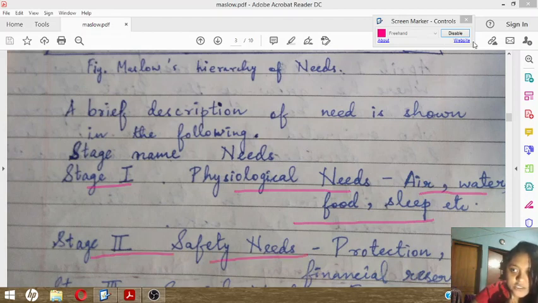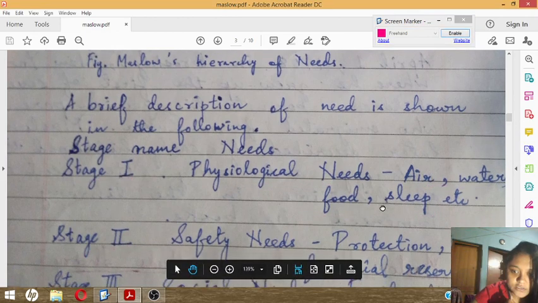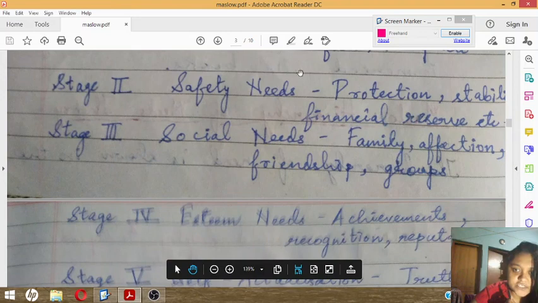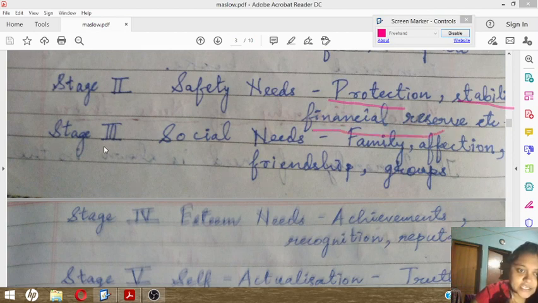In safety needs, you get protection, stability, financial reserve. And in stage 3, social needs. After safety needs are fulfilled, he moves to social needs.